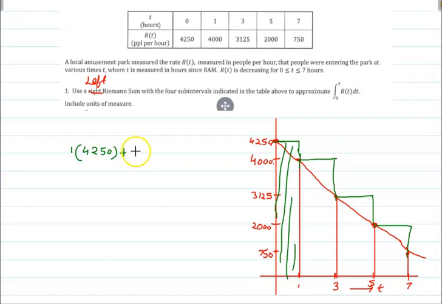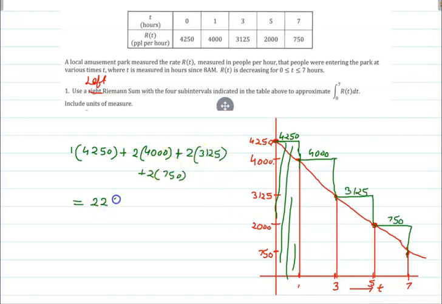The width of the second rectangle is 2 times height 4000, plus the width of the third rectangle is 2, and we get the answer as 22,500. That means the value of the integral on the interval 0 to 7 using the left end point is 22,500, which is greater than the value we got using the right end points.